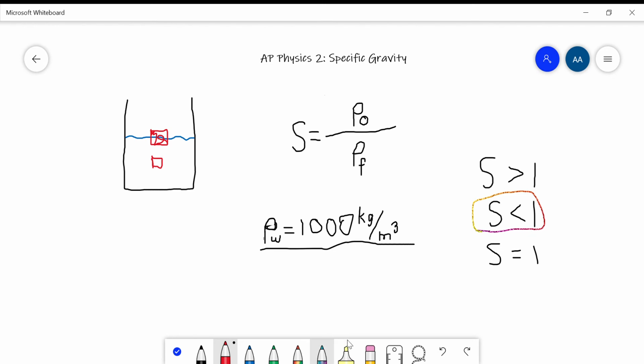And I said I'll come back to this, so let's say our object is mercury. What is the rho, or density, of mercury? Oh, no, that's more like a P. Yeah, there we go.